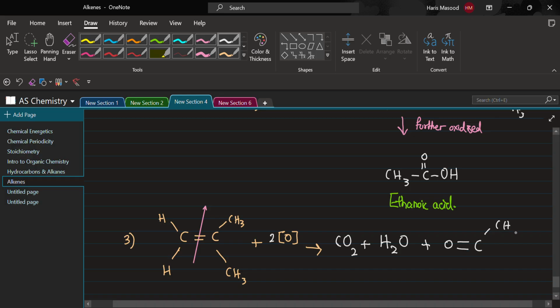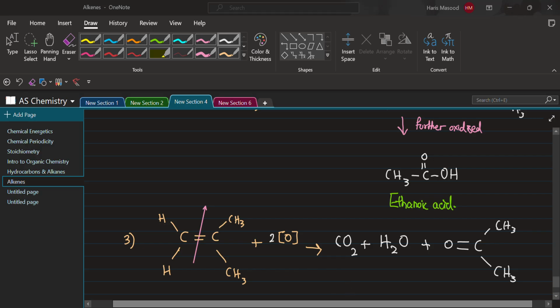If it had one H, if it had no H, it will form a ketone. So now we have made carbon dioxide and water here. Okay, is it clear?